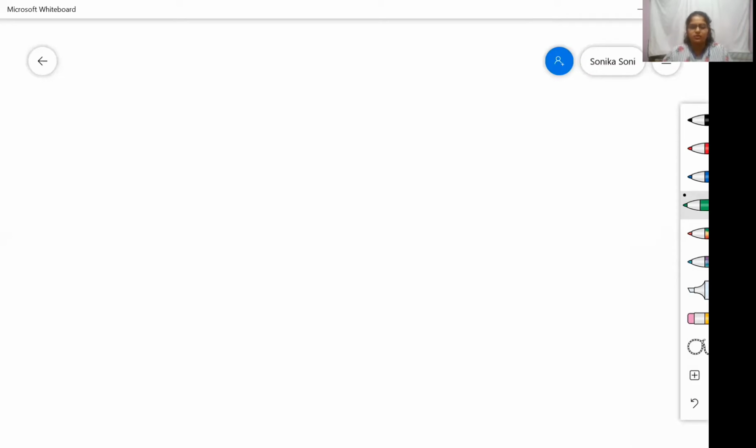When we allocate the maximum possible, either the demand will become 0 or the supply will become 0, or sometimes both of them will become 0. At that time we have to cancel the row as well as the column, whichever becomes 0.